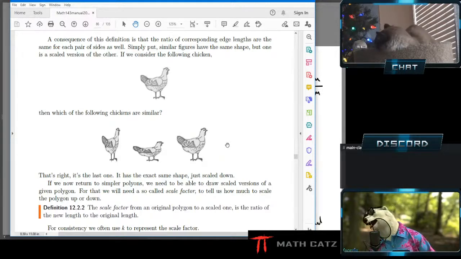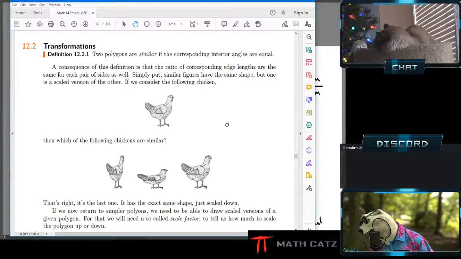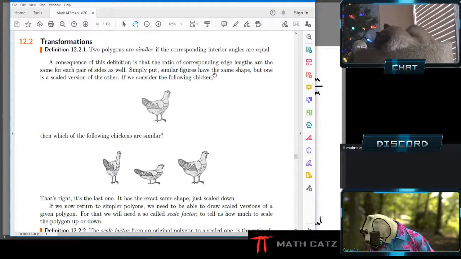Now, in the case of polygons, where we have a little bit more structure, we could actually look at side lengths of the shape, where the chicken is a little bit more curvy. We can talk about similar polygons. Now, don't be too attached to this specific definition, where the interior angles are the same. A consequence of this is that all the proportions are the same. The aspect ratio of the picture is the same.